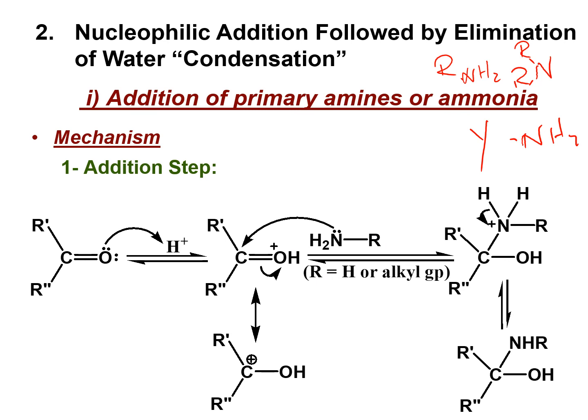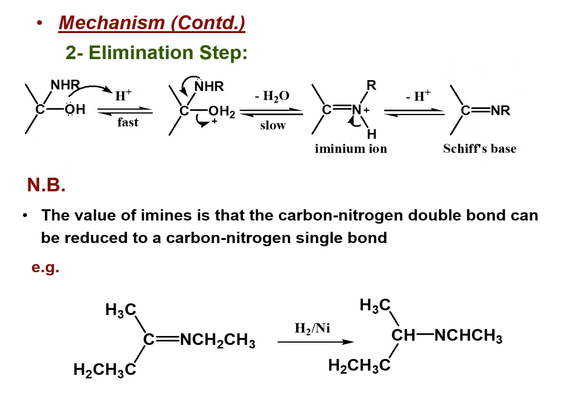Remember, the amine is a weak nucleophile, so your mechanism should go through the weak nucleophile mechanism by introduction of an inorganic acid. And then the second step is the elimination of a molecule of water, giving the imine, or what we call Schiff's base. These are very important compounds because they can be reduced into different substituted amines.